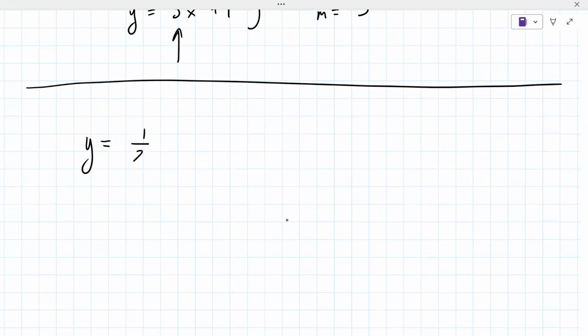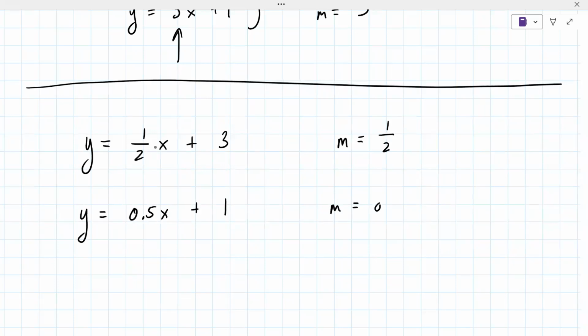Y equals 1/2 x plus 3. The slope of this equation is 1/2. The number in front of x, to the left of x, it's everything. If it's a fraction, it's everything. It could also be a decimal.